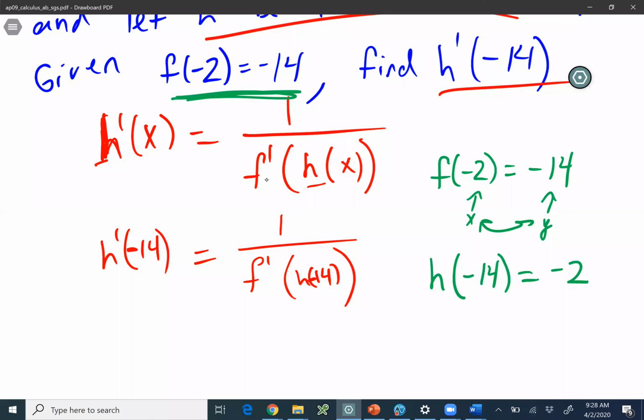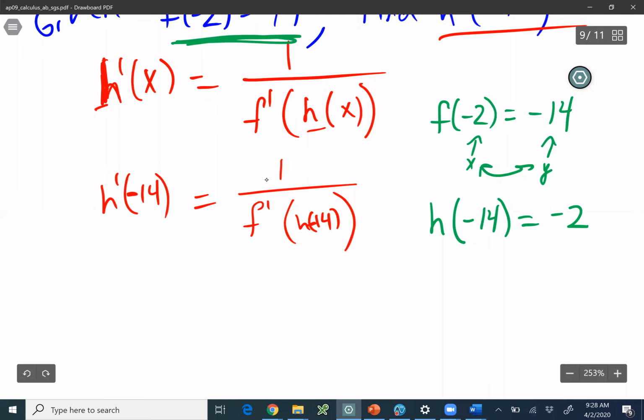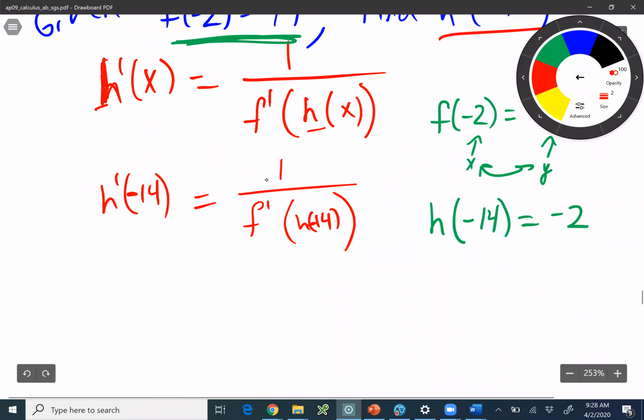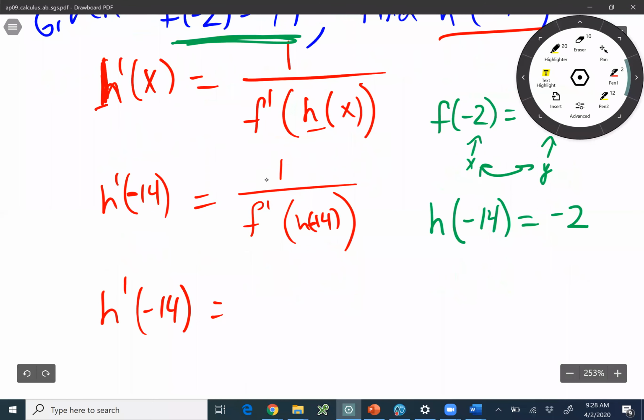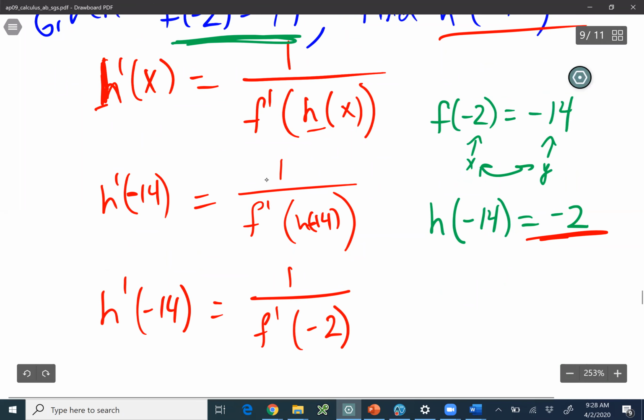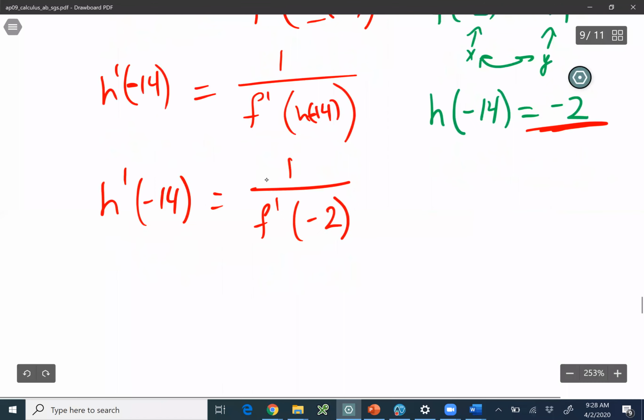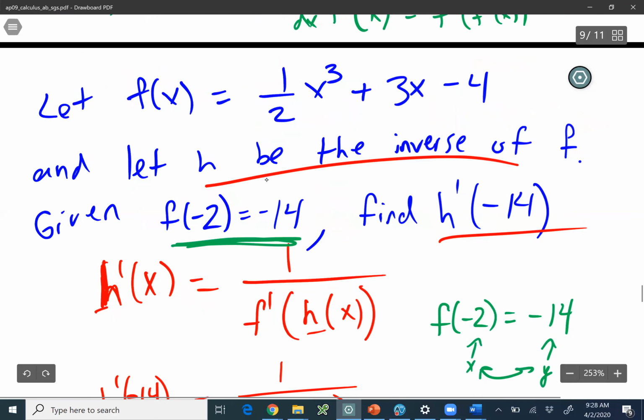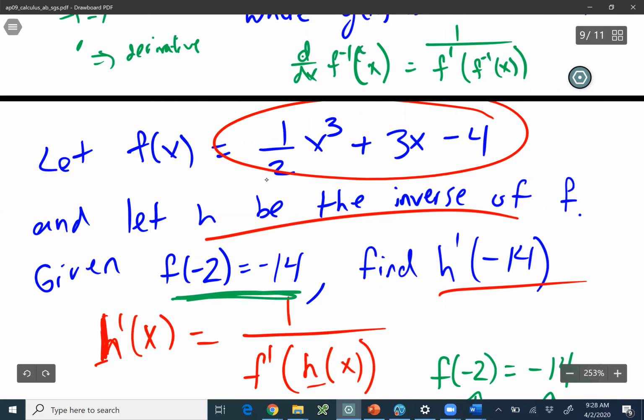So what essentially is happening now is that because h of negative 14 is negative 2, we're going to have h prime of negative 14 equals 1 over f prime of negative 2. Now for f prime of negative 2, that's something we've done for a long time, just take the derivative. But we weren't given f prime, we were given f of x.